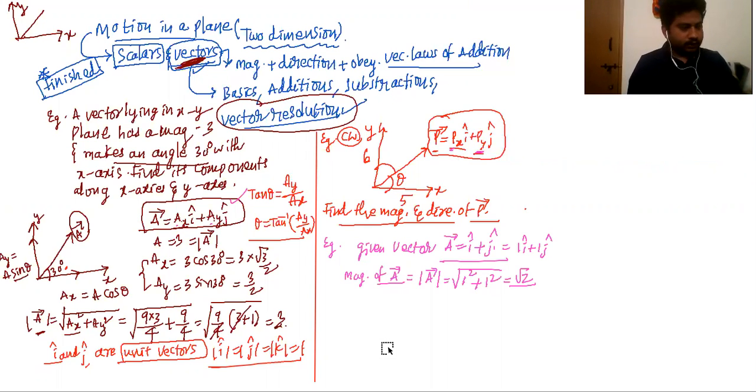Let's continue. The first topic of today's session is position vector, right?